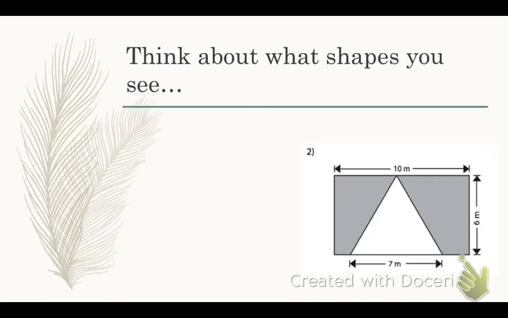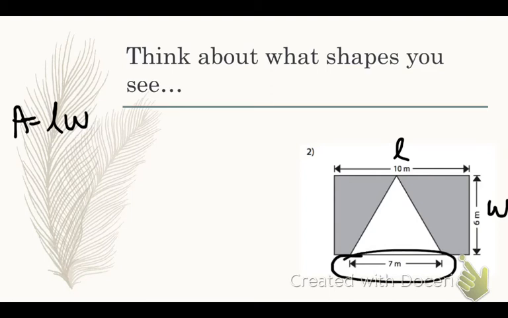So to do that, we need to find the area of the rectangle. A equals length times width. My length is going to be 10. My width is going to be 6. Notice that this 7 only has arrows to the end of that triangle, so that is not the whole length of this rectangle.